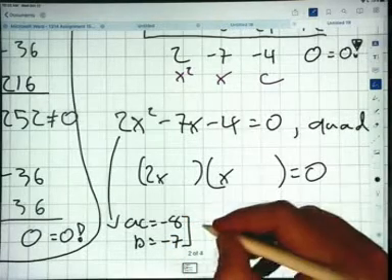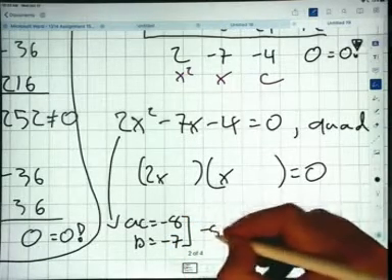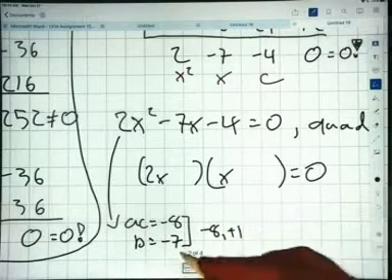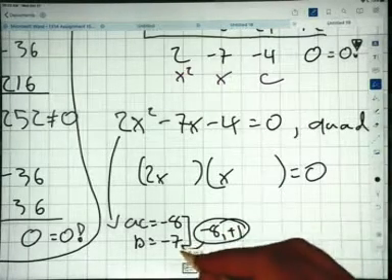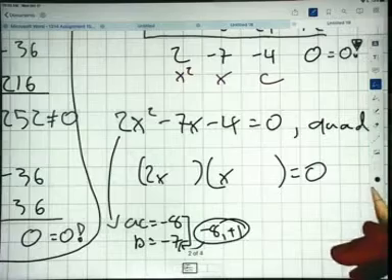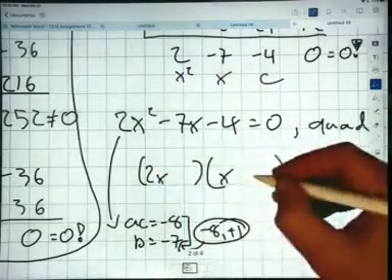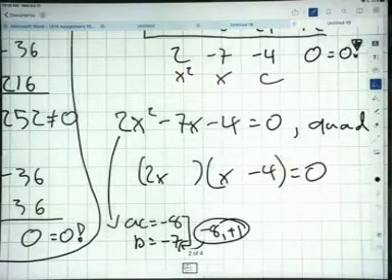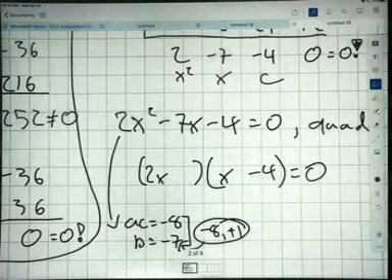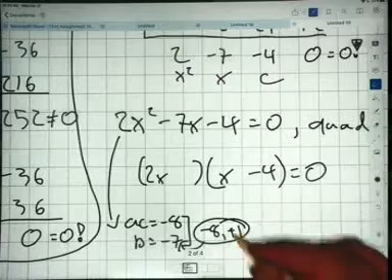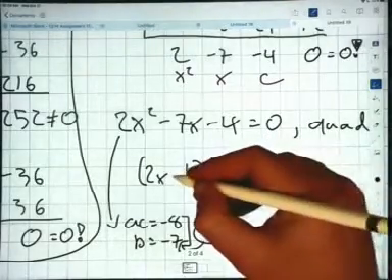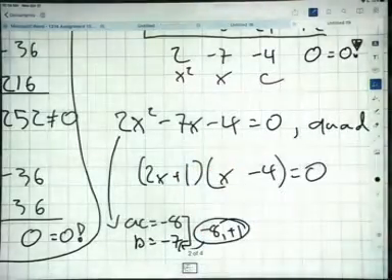So I need a negative 8 and a positive 1 to make this negative 7 right here. So how do I make a negative 8? Well, I'm going to have to take that 2x and multiply it by a negative 4. And how do I make this positive 1? I'm going to take 1 and multiply it by x.